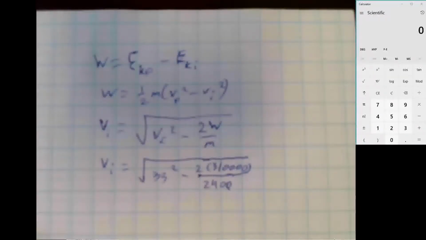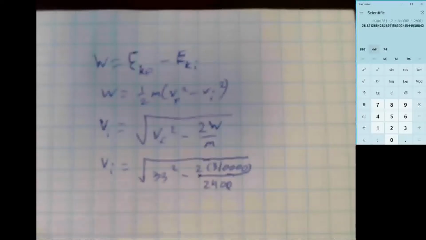So putting this into our calculator, we have 33 squared minus 2 times 31124 divided by 2400, close the bracket, and then we find the square root of this.